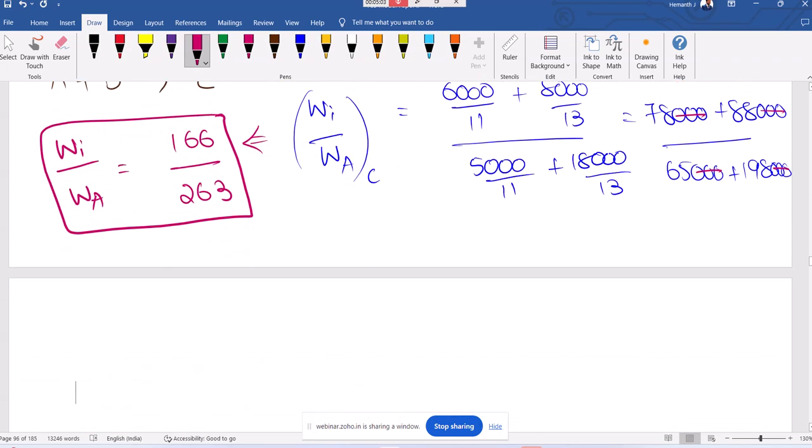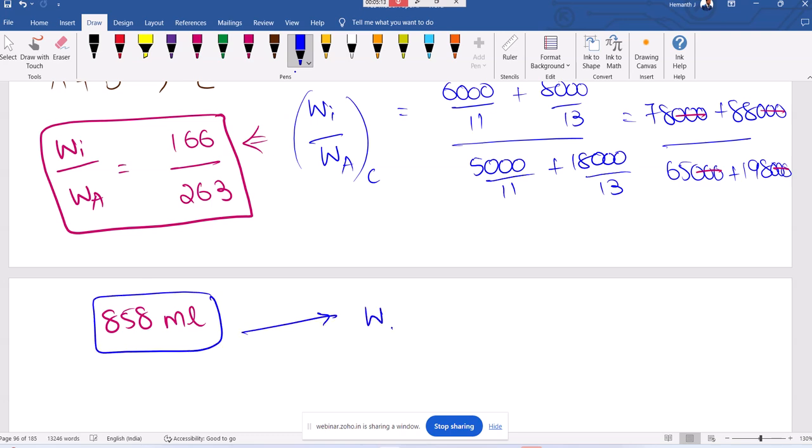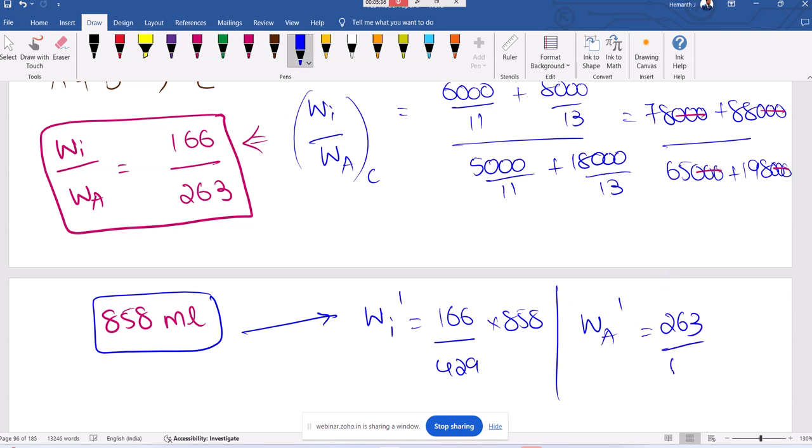I have to take 858 ml from this. If I take 858 ml, then what will be the wine taken and water taken? Definitely 166 divided by 429 into 858 part of wine, whereas water will be 263 divided by 429 into 858 part.